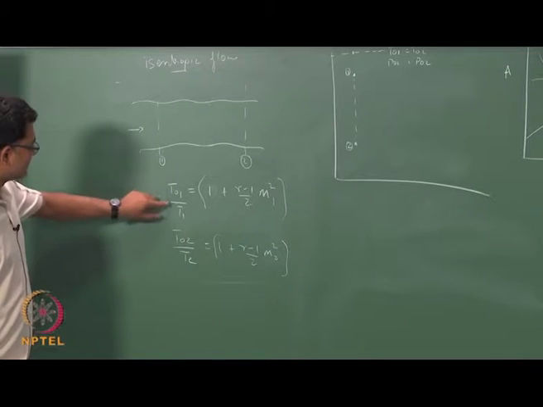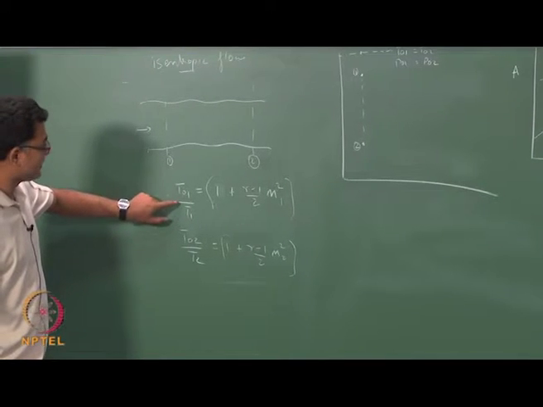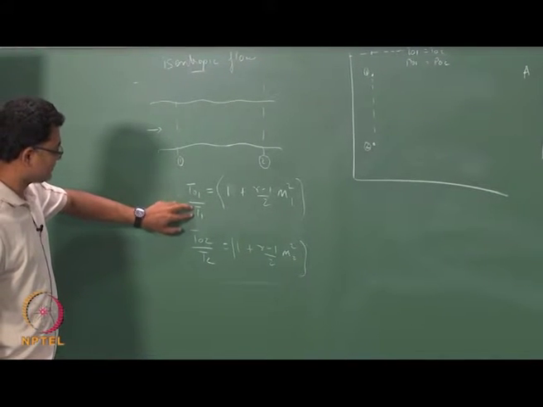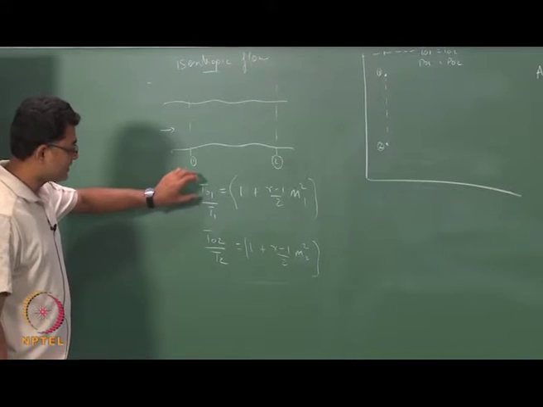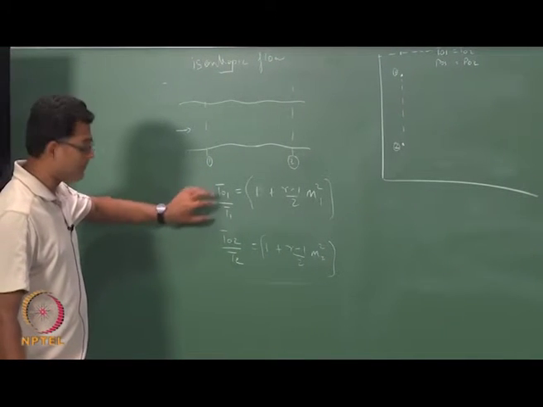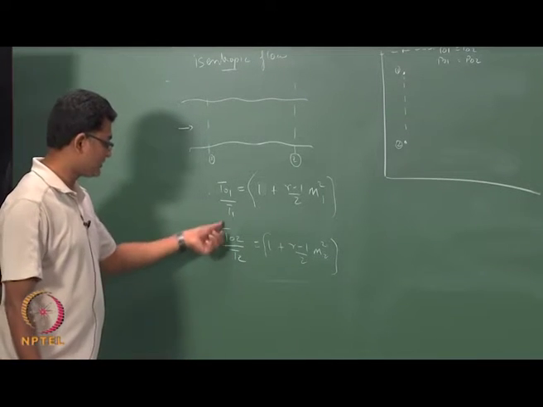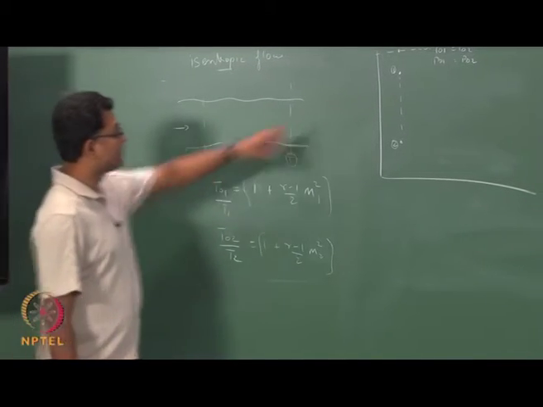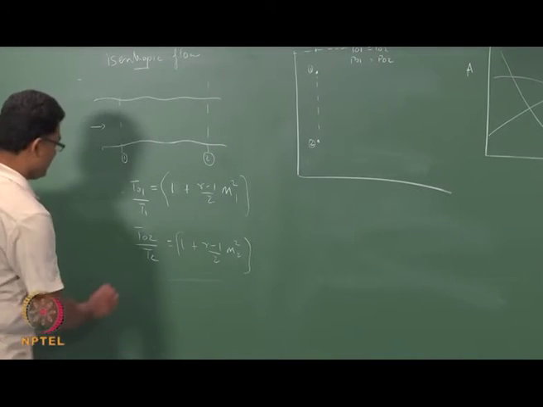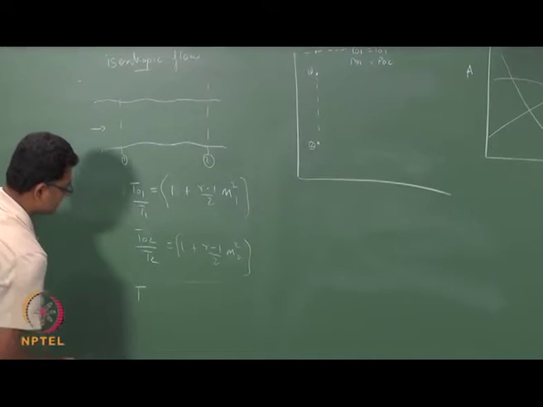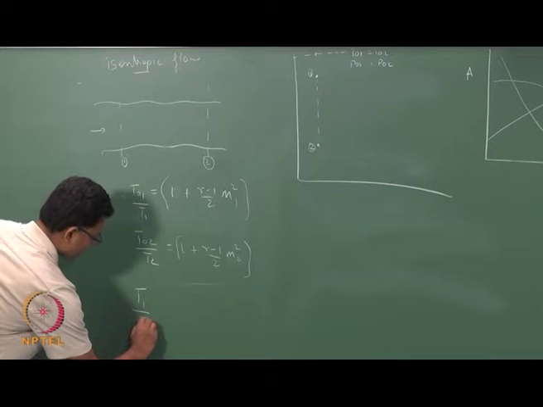So, this is the isentropic process that happens at state 1, where the fluid is taken to a velocity 0 isentropically. So, this relation holds. The same thing happens at station 2, this relation holds. Because we know T01 equals T02, I can rewrite this equation in terms of T1 and T2 alone.